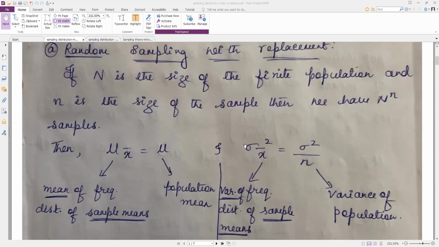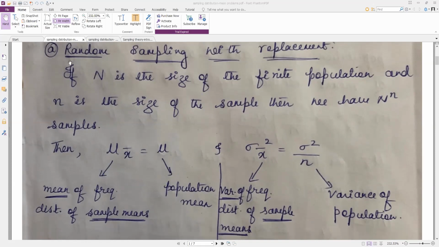This is called variance of the frequency distribution, sigma square. If it is only sigma, then it is standard deviation. Now, sigma x bar square is equal to sigma square by n. Sigma square is the variance of the population. So, these are the two results whenever we consider random sampling with replacement.